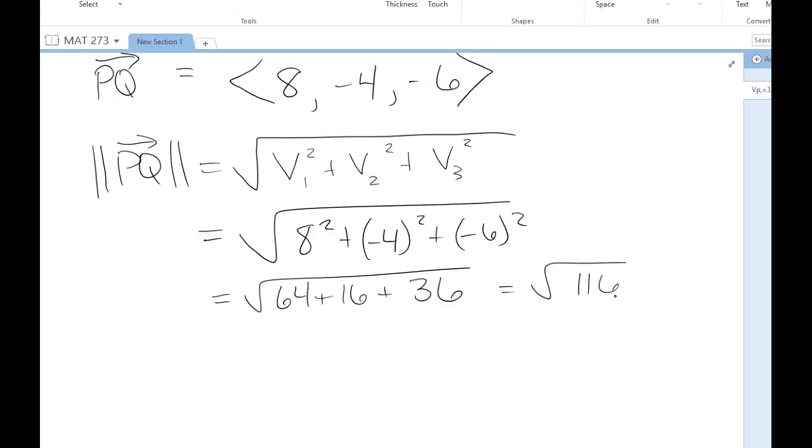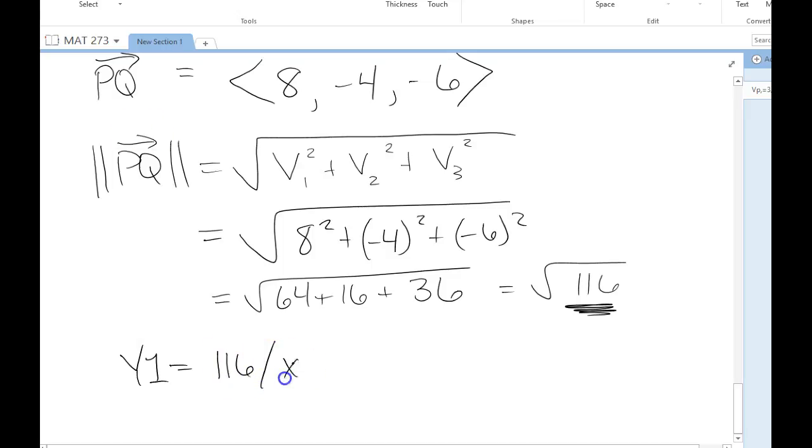You guys know the fast way to simplify this on your calculator? Have I told you? If you're not sure if a radical is going to simplify or not, in your calculator, you can do y1 equals 116 divided by x squared. Since it's a square root, it's only going to simplify if we can pull out perfect squares.